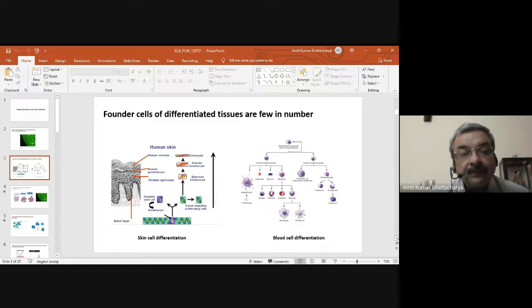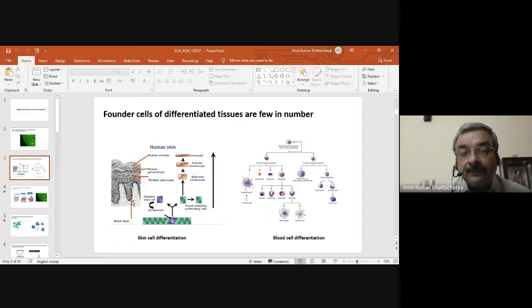For example, when cells are differentiating, either in the skin or in the blood, some cells which are giving rise to the differentiated cells, which can be called founder cells or stem cells, are producing the entire differentiated population. And these cells are generally very few in number.